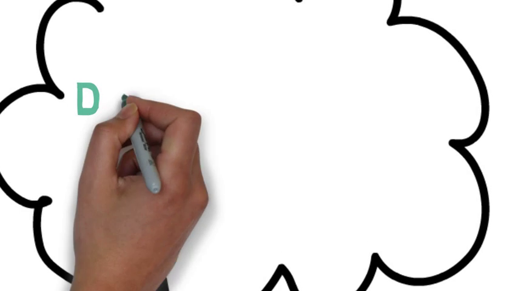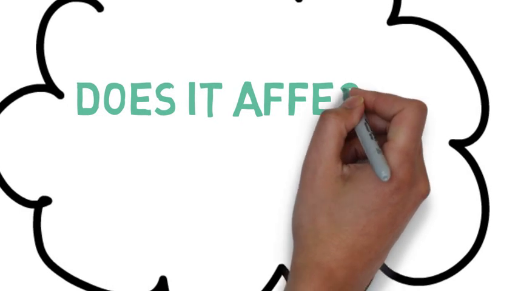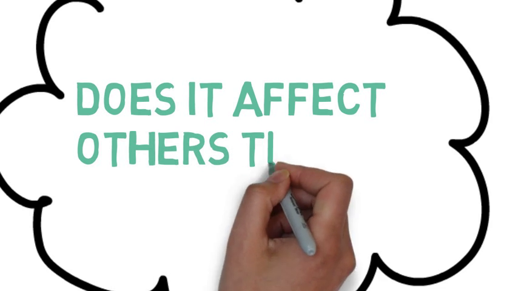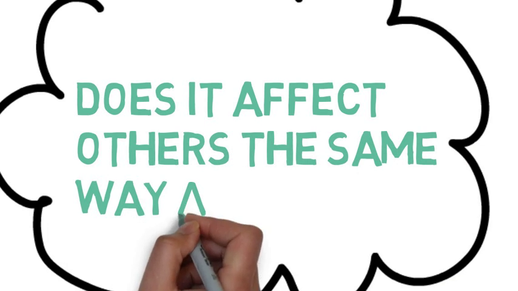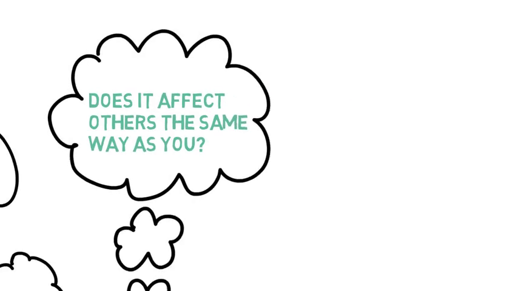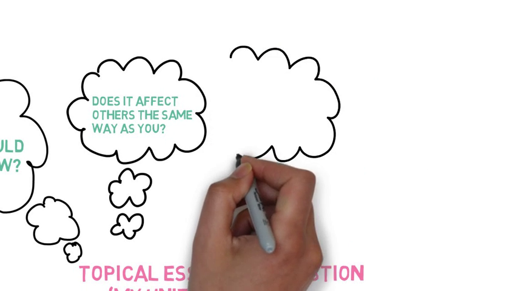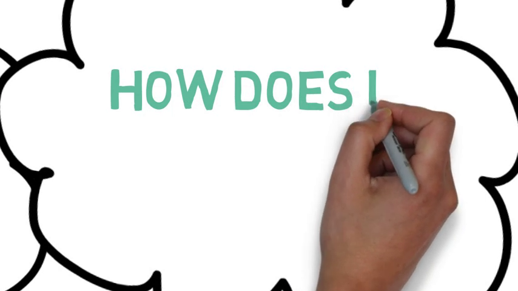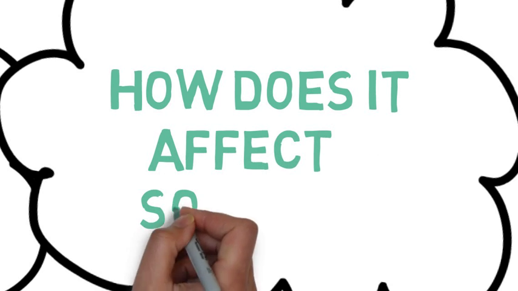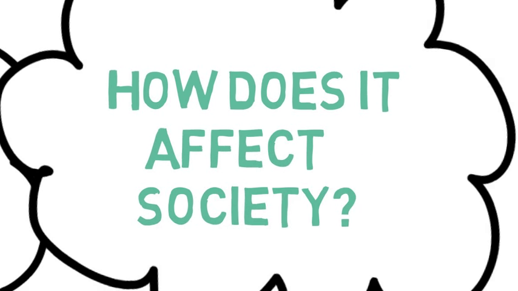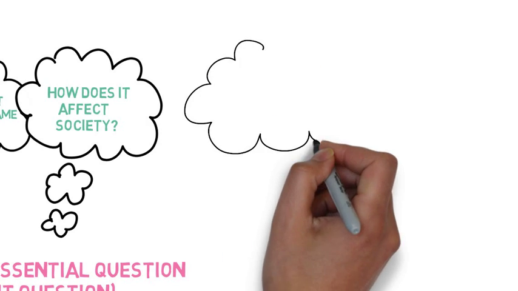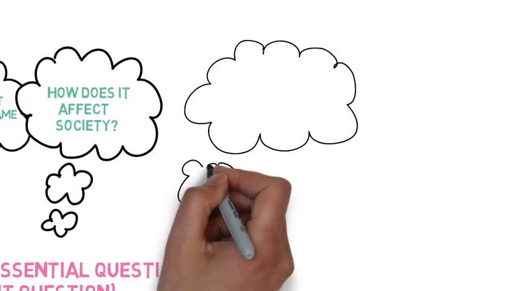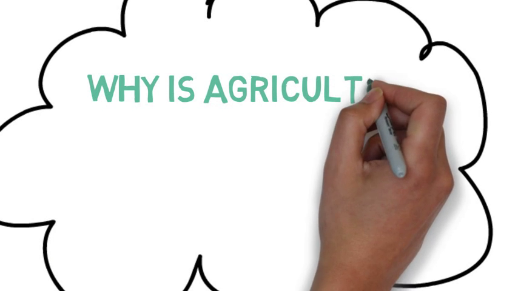Does it affect others the same way as you? How does it affect society? Why is agriculture important to the California economy?